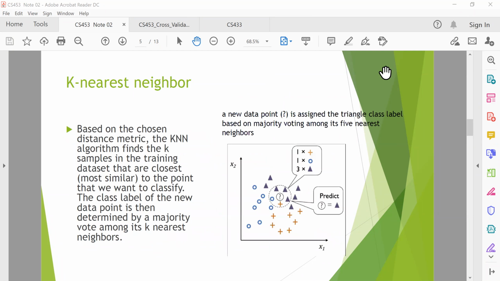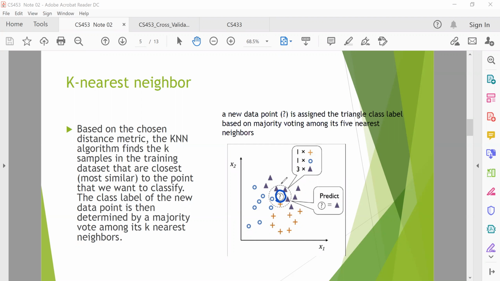So here we have this diagram. In the diagram, we have three classes: circle, cross, and triangle. And this diagram shows a question mark sample, and you don't know what its class is.